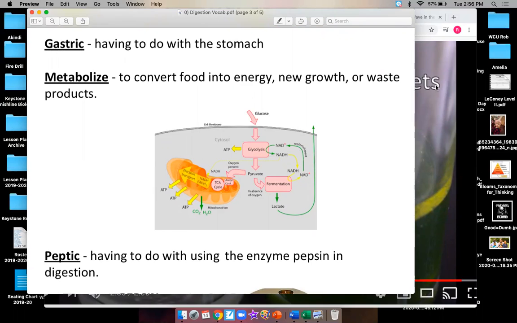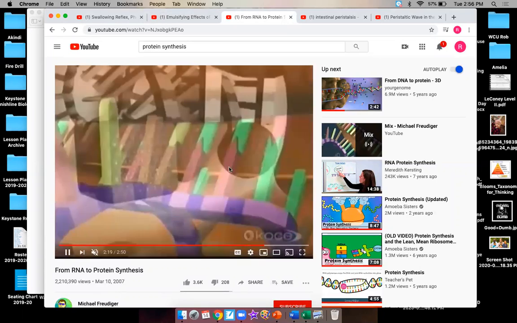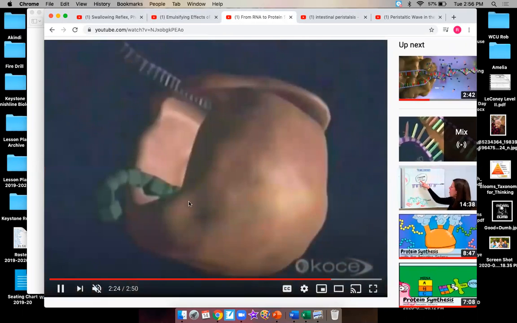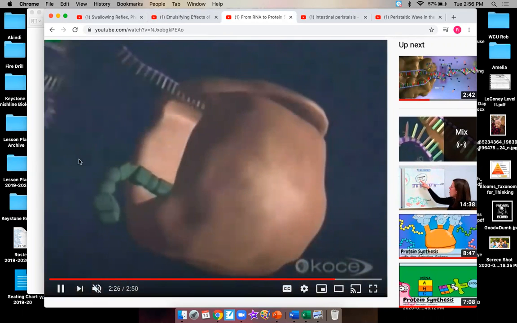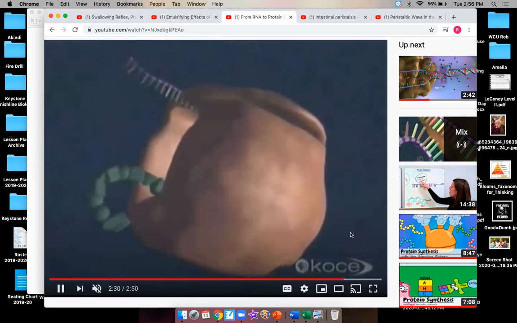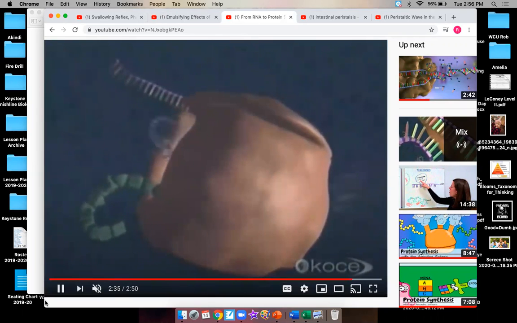Also, Bio 1, if you remember, if you had me for Bio 1, you probably remember this video where you metabolize your amino acids, put them together to make your proteins. You got the amino acids from the food you eat, and you use it to build proteins. Right?